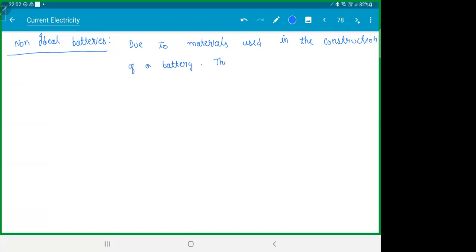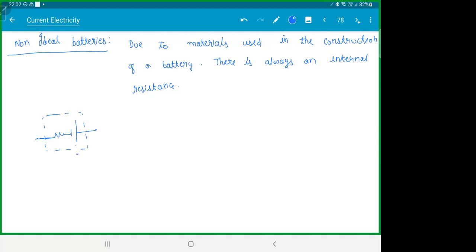There is always an internal resistance. You can't avoid this. So whenever you take a battery, this is how we define it. The dotted line is completely taken as the battery.